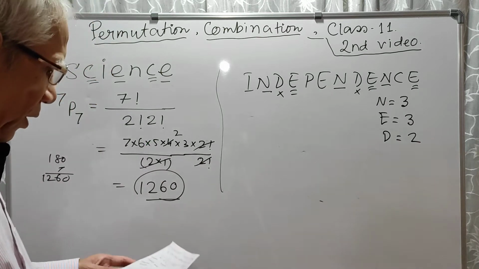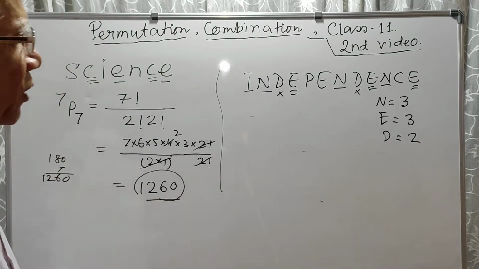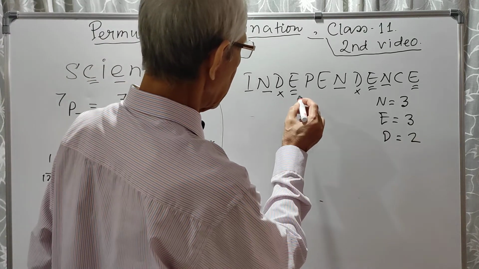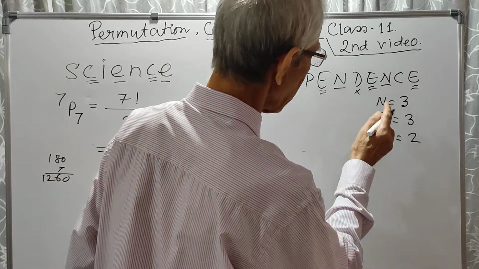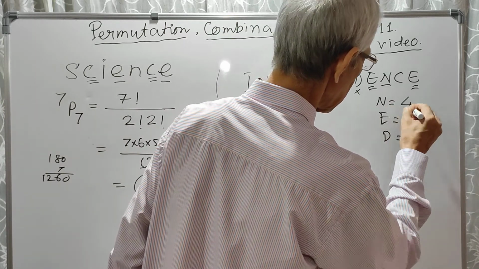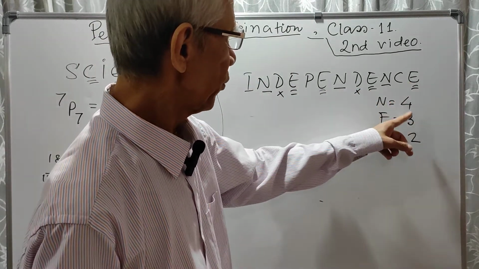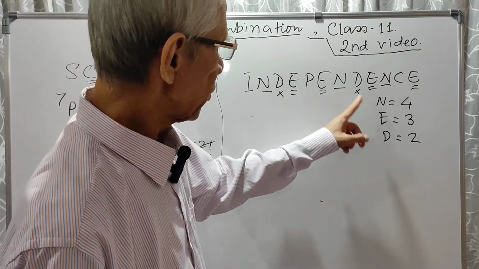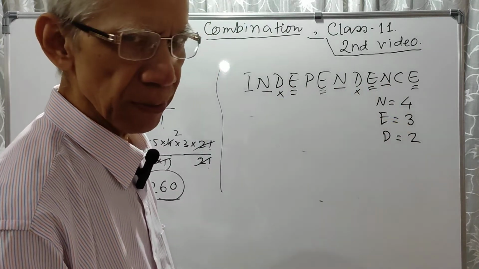So N appears 3 times. E appears 4 times, not 3 but 4. E 1, 2, 3, 4. D 2 times.